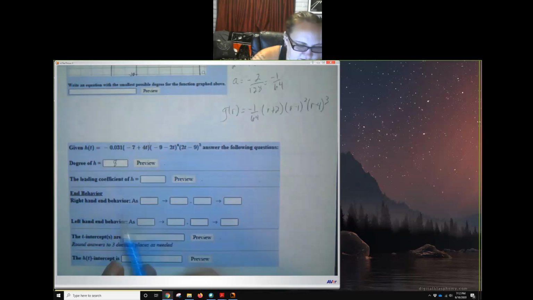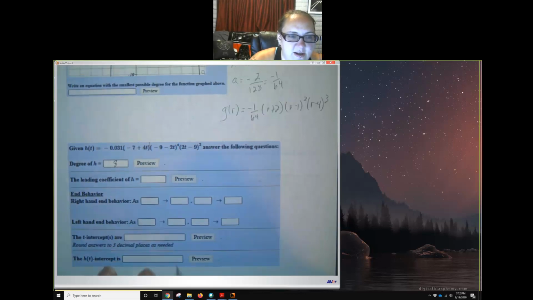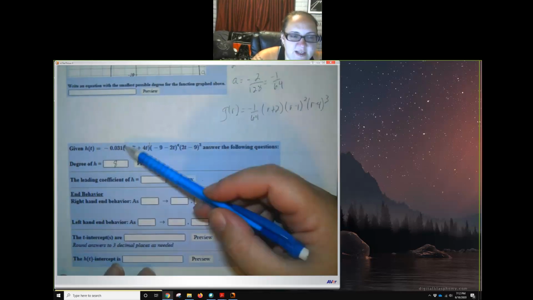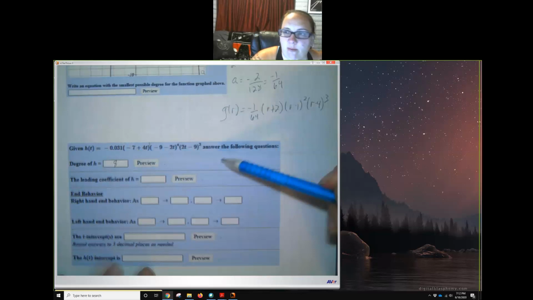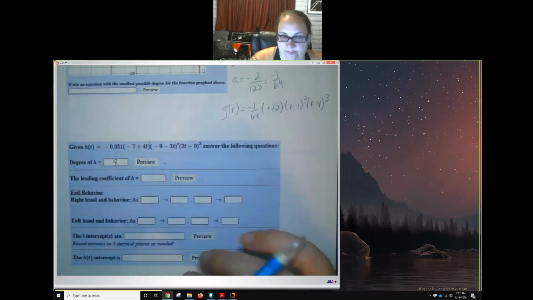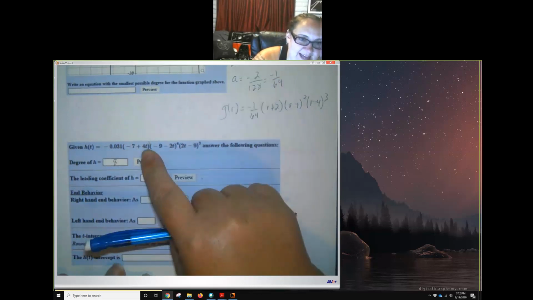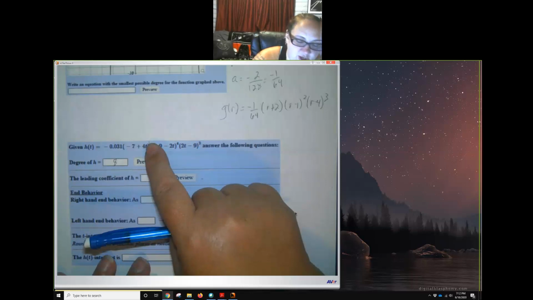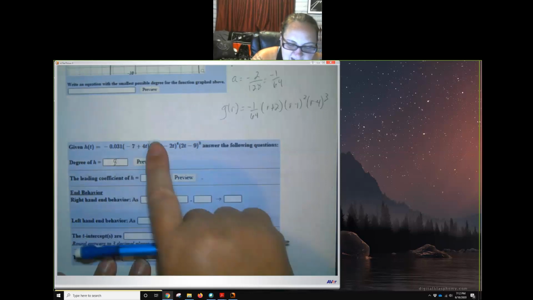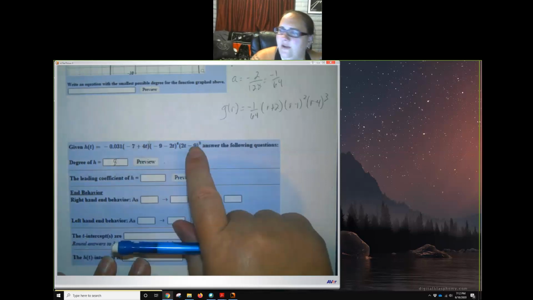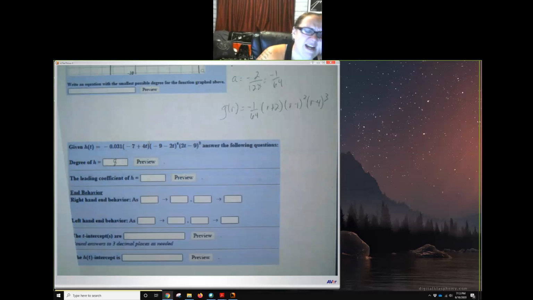Okay, so to figure out the leading coefficient here, we have a little bit of work to do. Because the leading coefficient is the number that would be in front when this was all multiplied out. So we need to look at the terms with t's and their exponents. I'm not concerned with any of the constants here.